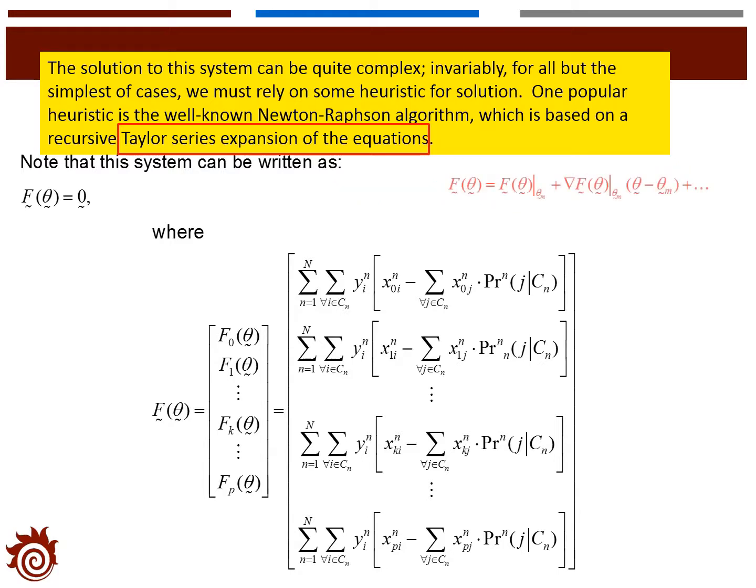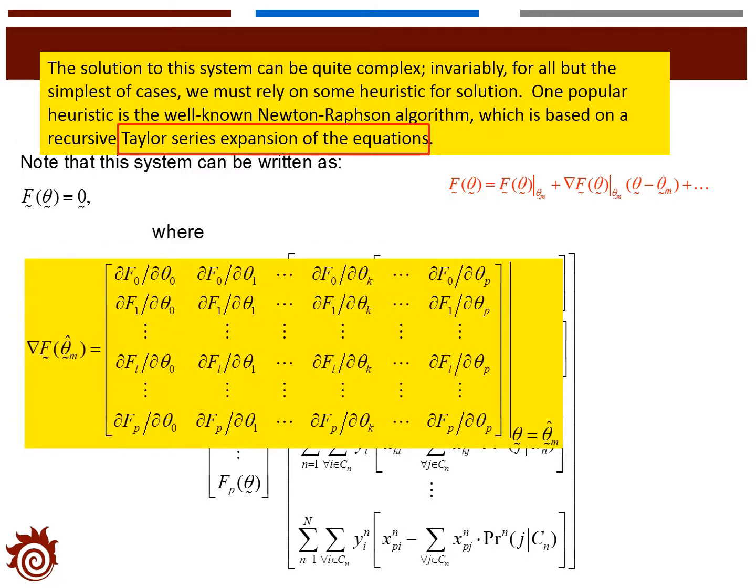For our case, we can apply Taylor series expansion for the vectors. So we will have capital F theta equal to F theta at the optimum value theta m plus lambda F theta at theta m times theta minus theta m plus the other smaller terms. And here lambda F theta represents the gradient of the vector F theta.